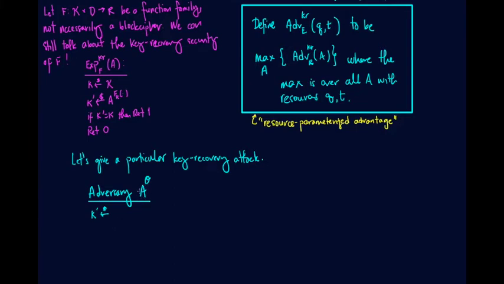So we're assuming that A actually knows what the correct set is, and that in this case O is E sub K. We know that the key should come from the set {0,1}^k, or k-bit strings. So what does this adversary do? It picks a K prime and it returns it. That's it. That's the entire adversary.